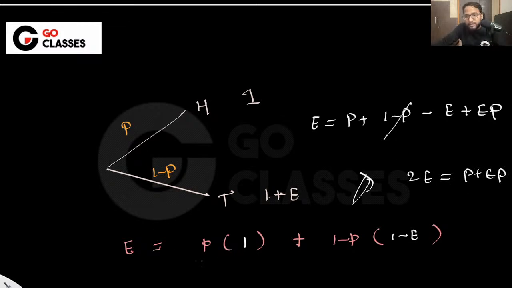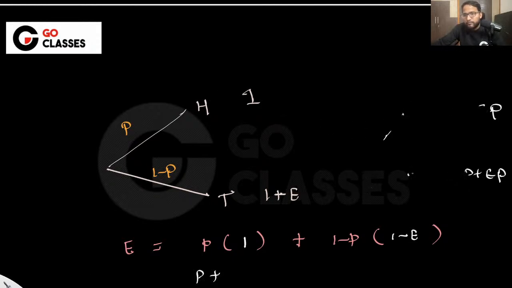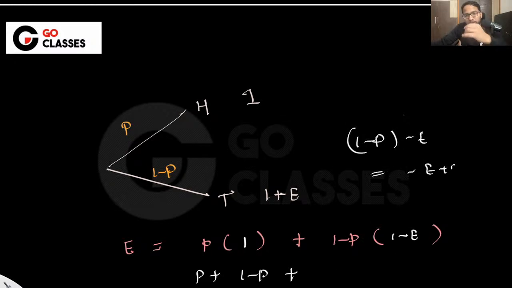Okay, there's some mistake. This is p plus, just a second. p plus 1 minus p, you multiply 1 minus p here, 1 minus p plus 1 minus p into minus e, which means 1 minus p into minus e will be minus e plus ep, right? So it will be plus ep minus e. Earlier also, I think this will get cancelled out.